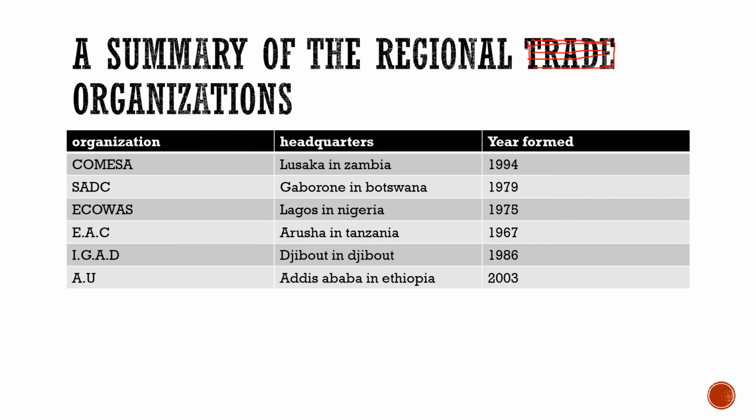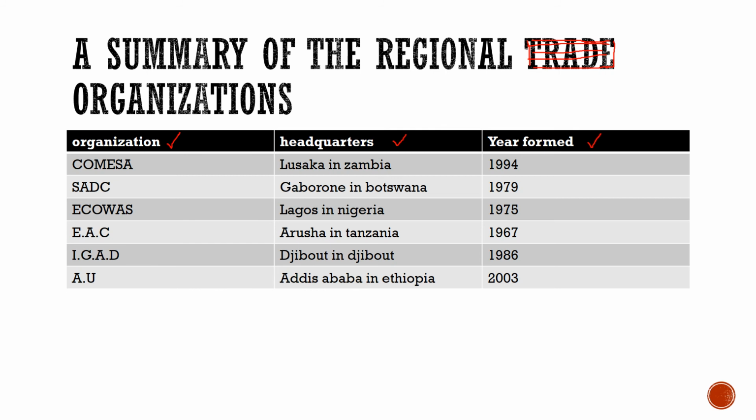So we have 1, 2, 3, 4, 5, 6 organizations which are found in Africa. Some of them are trade organizations, while others are not. I've given the organization, the headquarters, where the headquarters are found, and the year when it was formed.